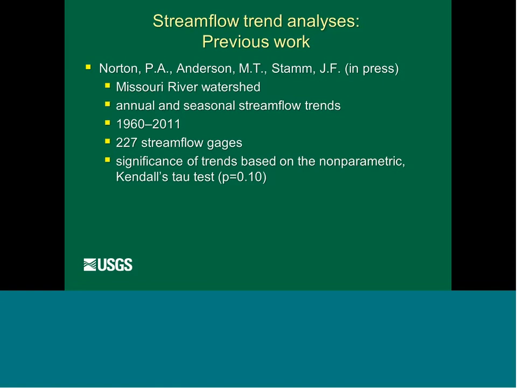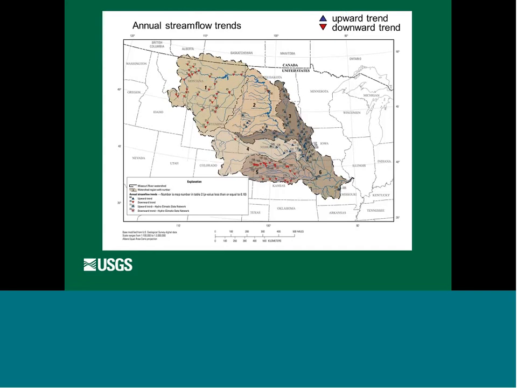So here's the Missouri River watershed. It's colored by these six sub-basins, 1 through 6, with 1 the most upstream in the Missouri River, and progressively going downstream to 6. We'll come back to this figure and talk about these areas.